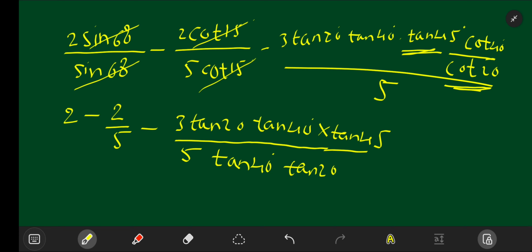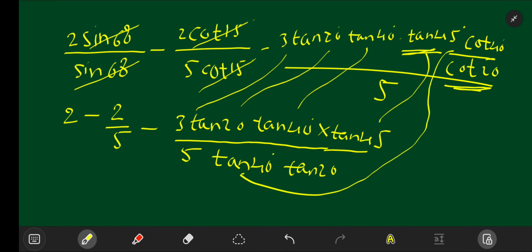Cot 40 is written as tan 40, cot 20 is written as tan 20. In the previous class, I told you that the reciprocal of cot theta is tan theta. So when cot theta comes to the denominator, it becomes tan. Okay.